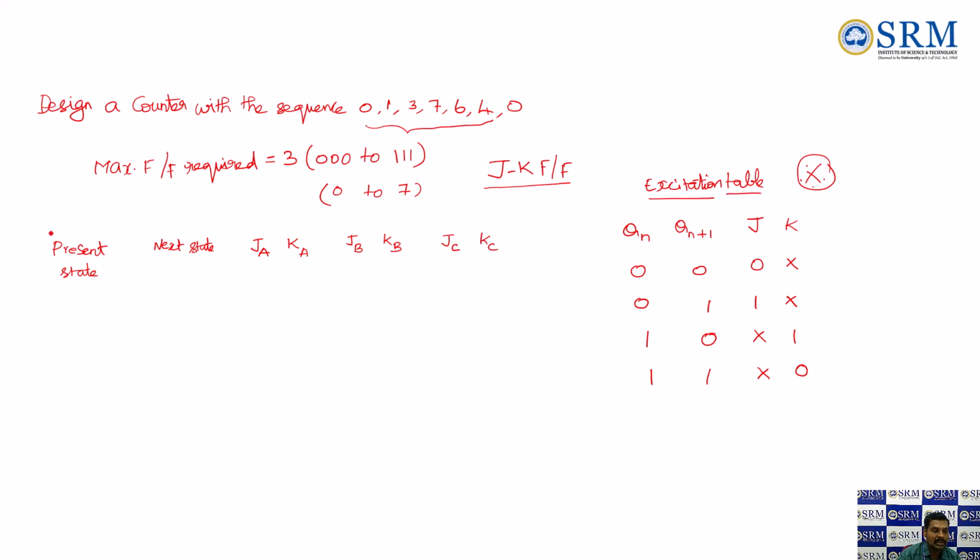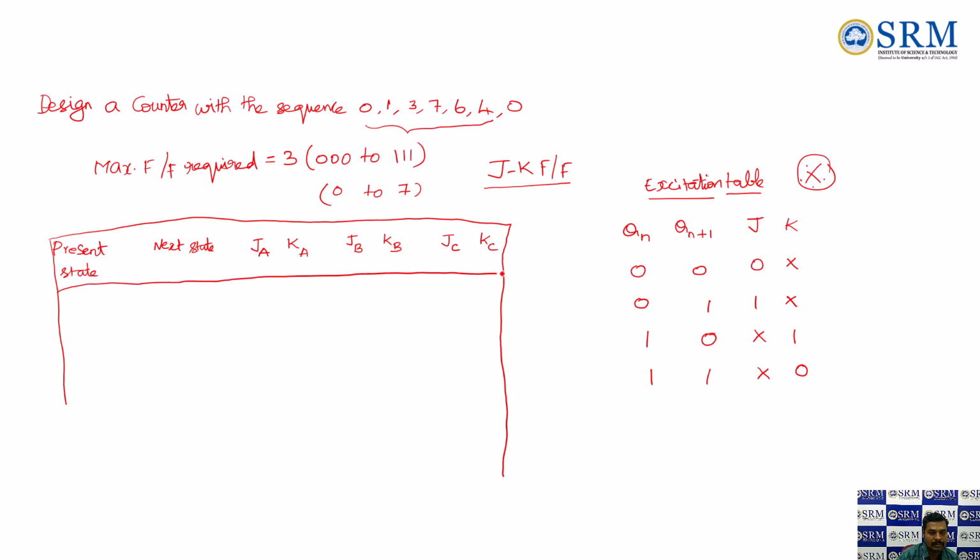Okay, so present state, then next state. From this we are going to analyze what was input for all 3 flip-flops.